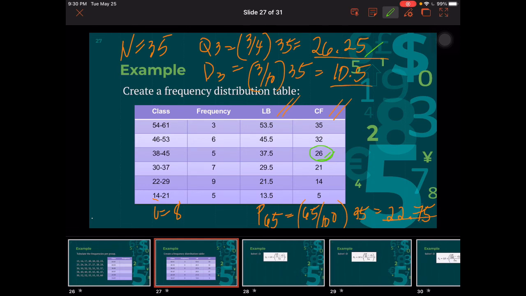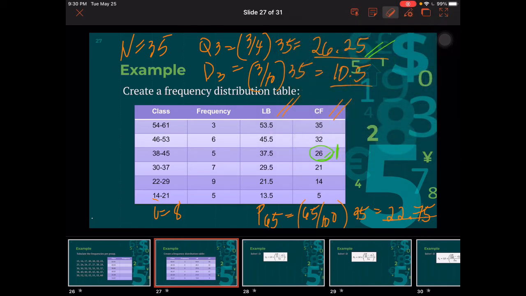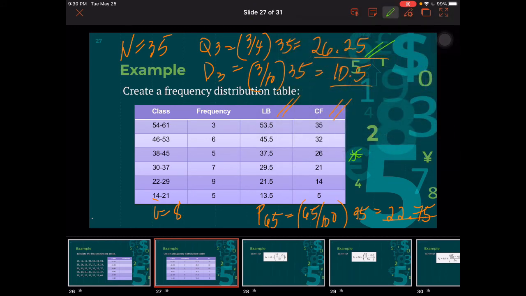So, you have to go back to your position. Saan siya mas malapit na integer? Si 26.25 ba ay mas malapit sa 26 or sa 27? Now, dahil mas malapit siya sa 26, we will take 26. So, this is the class that we are looking for. Ito yon. So, nandito si Q3, nandito sa class na to.